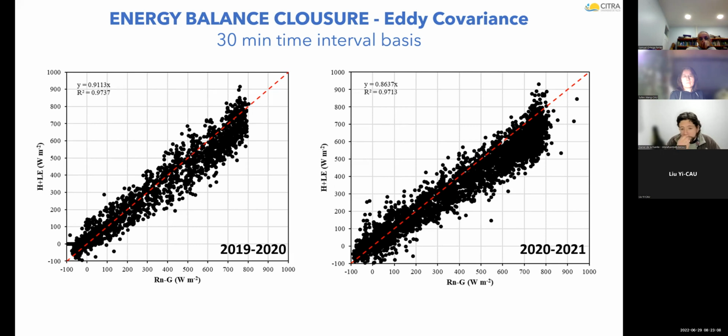It is a good relationship when compared with the literature. These are good results for a hazelnut orchard.